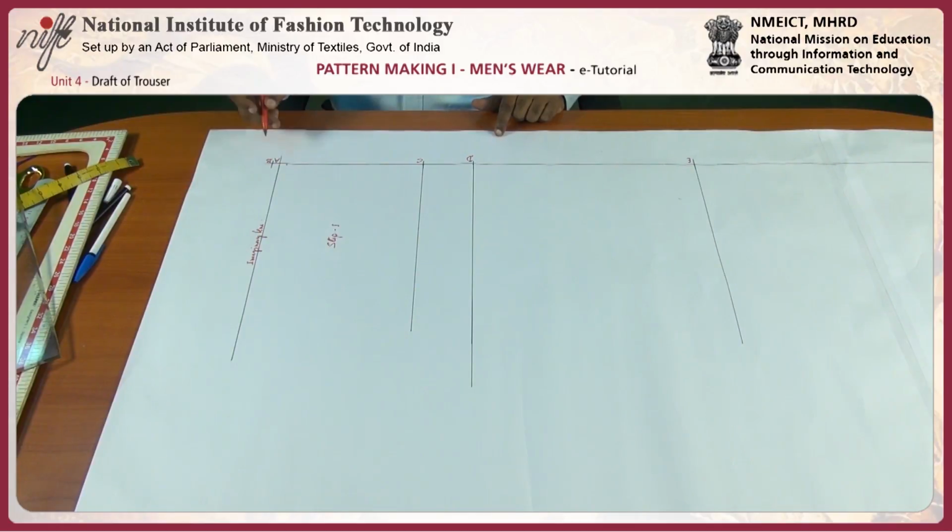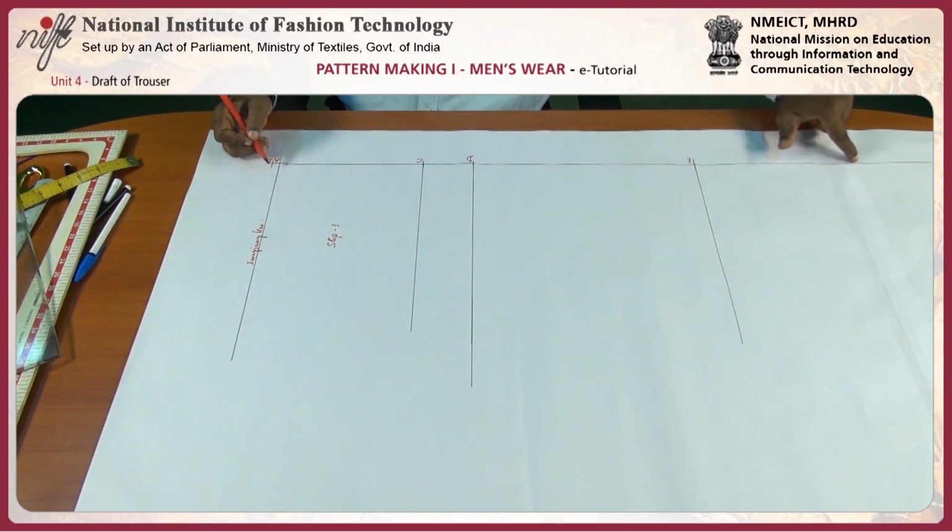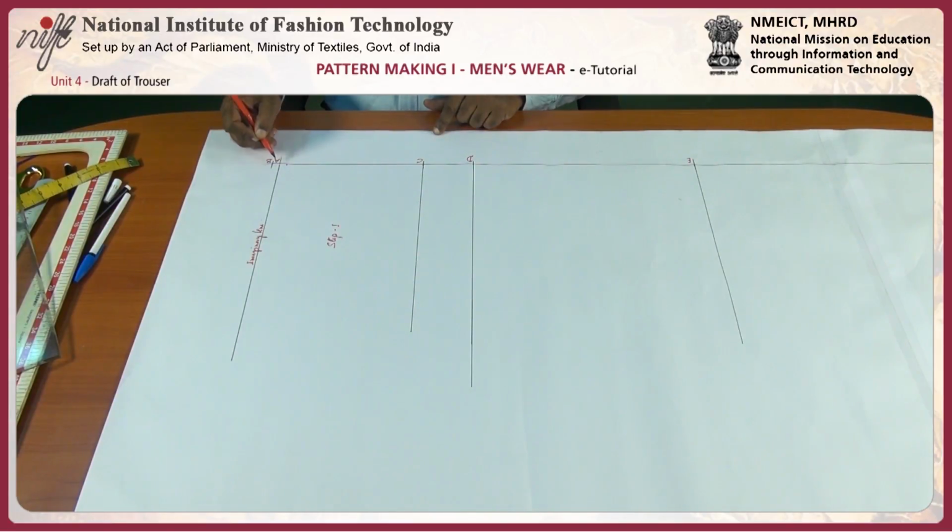Please note, draw vertical line and perpendicular line, then mark point A, which will be imaginary line, then A to B upward 1 centimeter, then A to C hip depth 21 centimeter, A to D crotch depth 27 centimeter.